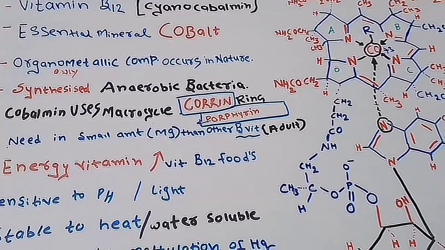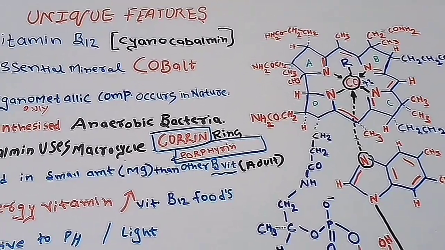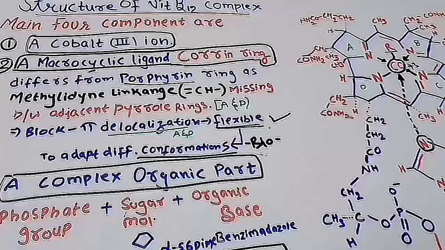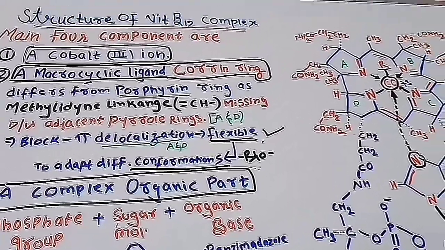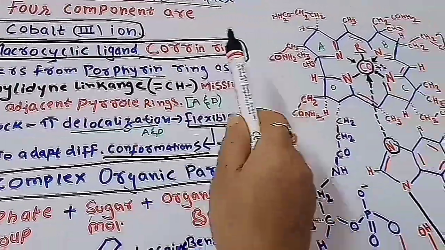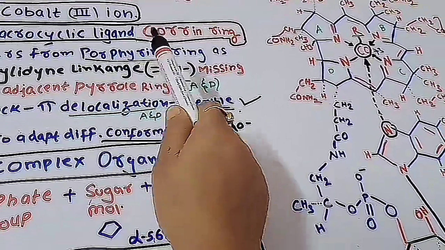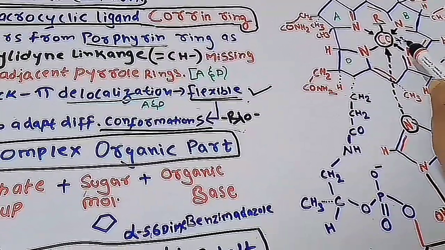So now let us have a look at the structure of vitamin B12 in detail. See the structure of the vitamin B12 complex. As we see the structure, there are 4 main components. First is a cobalt metal ion, which is present in the +3 oxidation state here.